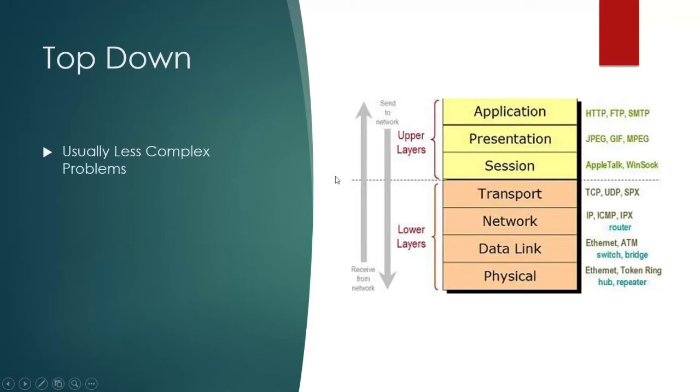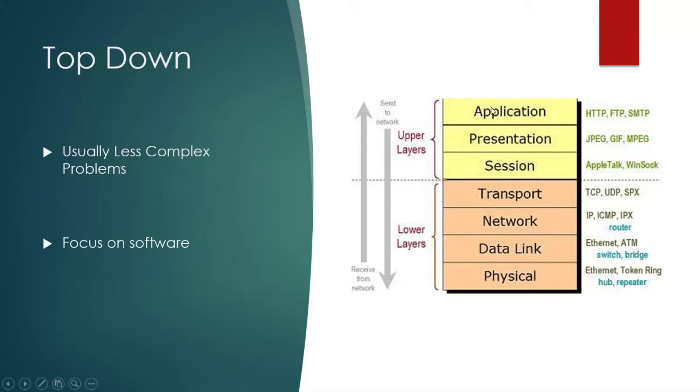Usually when you're going to use this, you're going to have less complex problems. If you're starting with the application or presentation layer, you're usually more focused in on a certain aspect that's not working. Whereas if you have a problem down at the physical layer and the network layer, there's a lot of different things that could be going wrong down there.